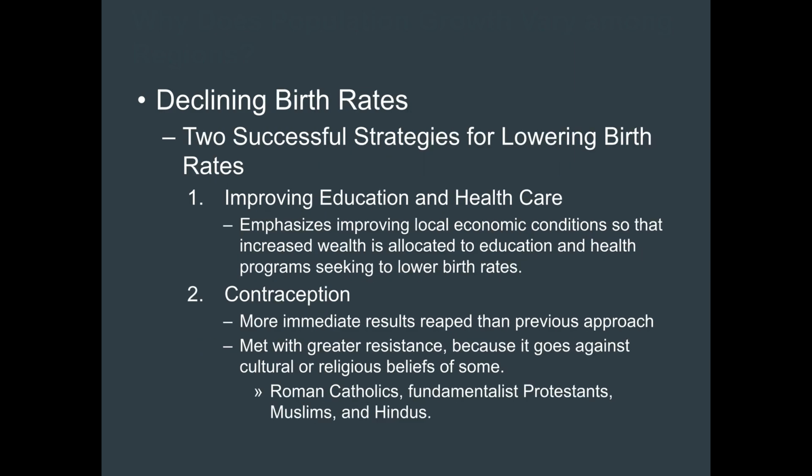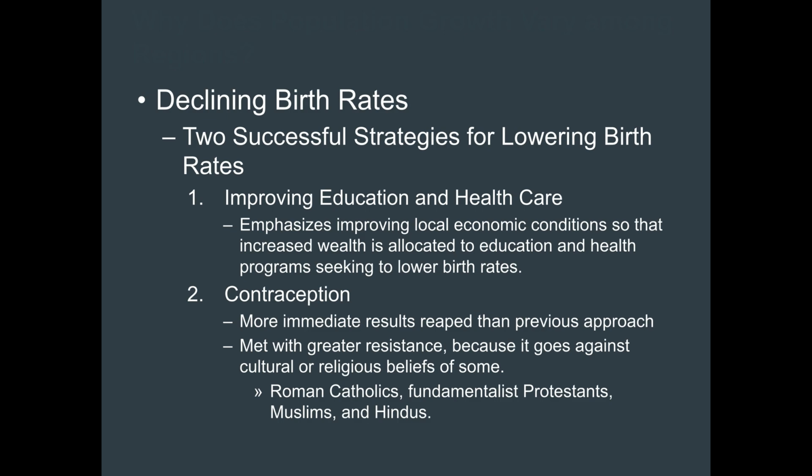So there's 2 reasons why birth rates go down. Education and healthcare are the top reason, and contraception is the second reason, although contraception is only made possible through healthcare. So improving the economic conditions that increase wealth means that it's more expensive for children, and that means that people will have less children because now they're more expensive.